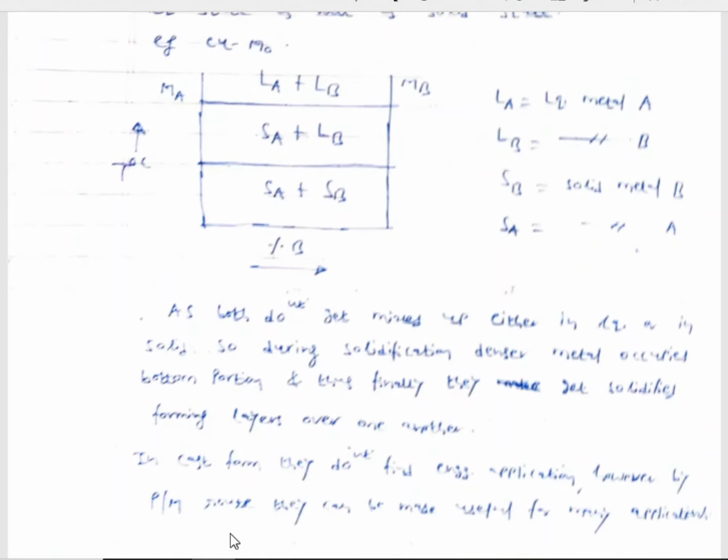As we have taken the example of copper molybdenum, for making electrical resistant material, by the powder metallurgical route, this particular combination can be made useful, because copper has very good electrical conductivity, while molybdenum has very good resistivity against arcing.